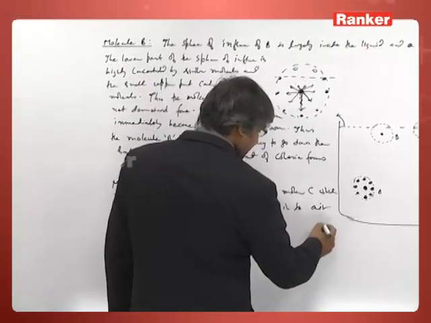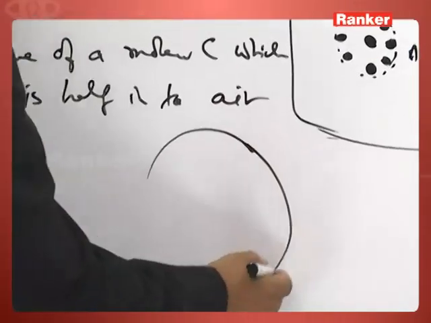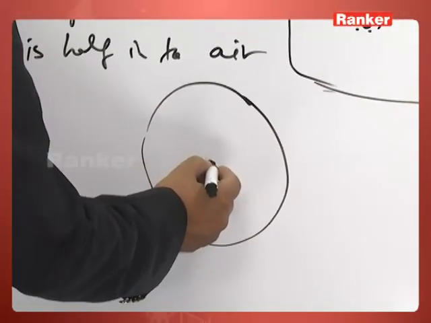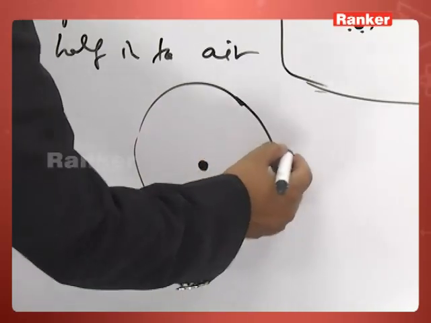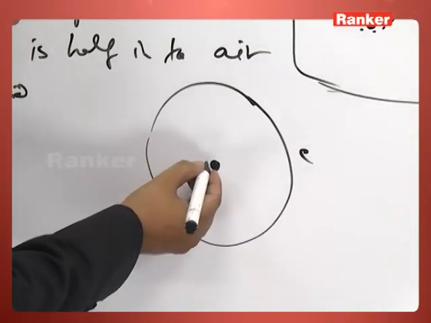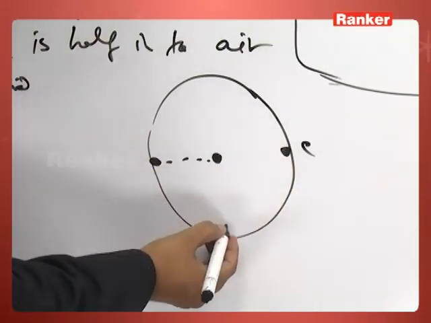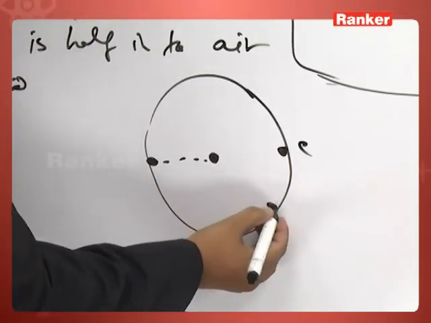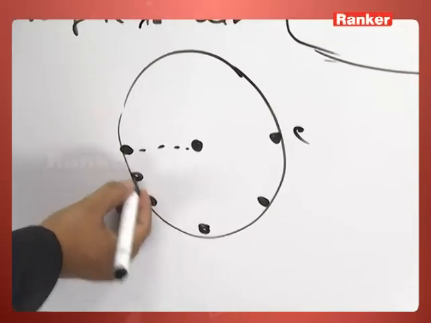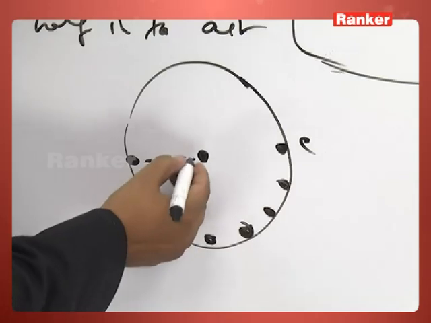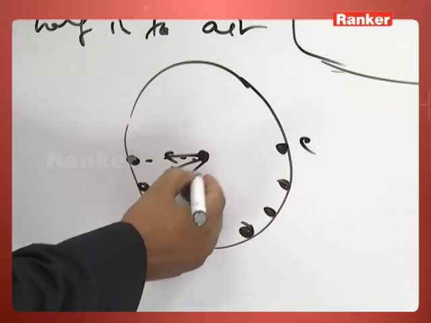Now you see here, this is the sphere of influence of the molecule C. This is one molecule, 2, 3, 4, 5, 6, 7, 8, 9 molecules. So it is pulling here.